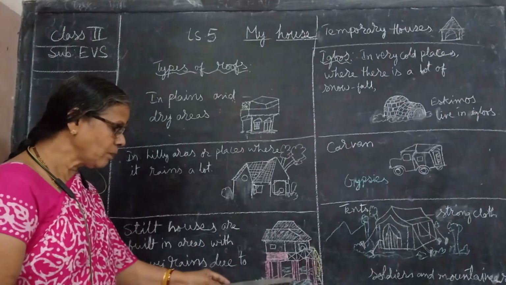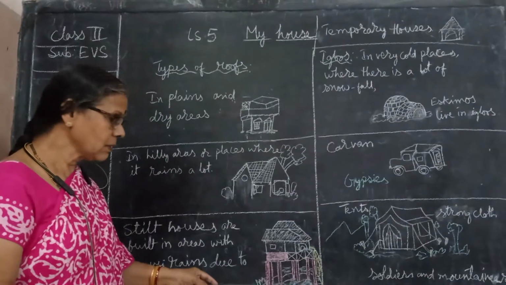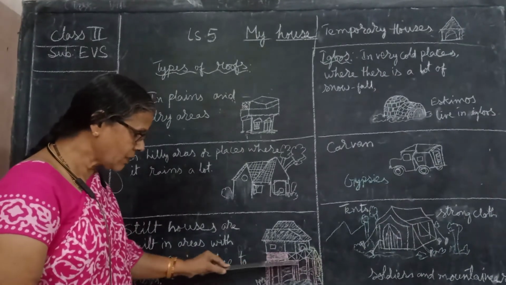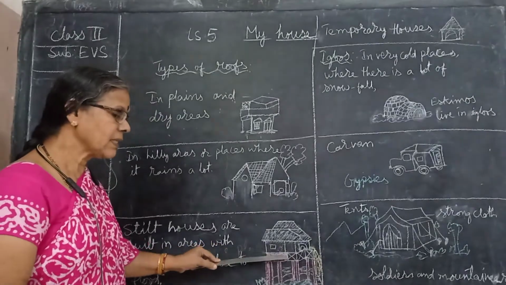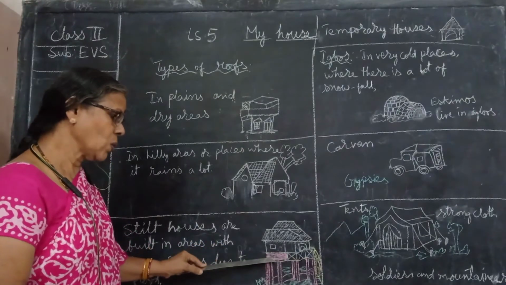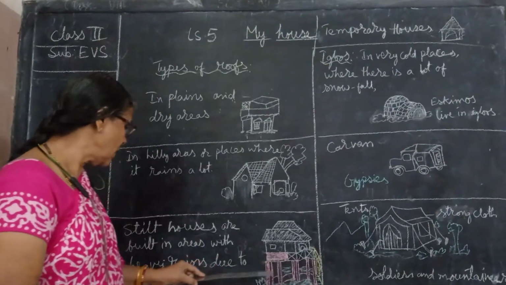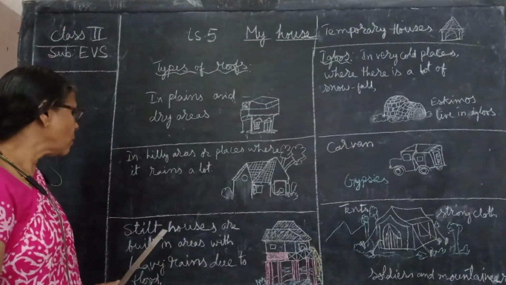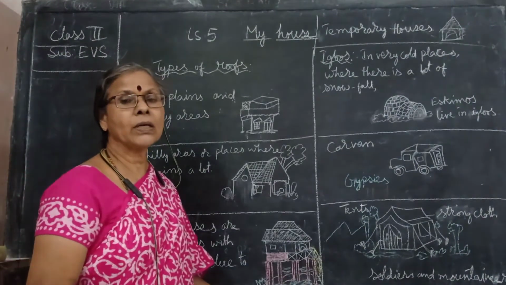So moreover, these are the bamboos. They will put a top roof on that, and over that they will build a house. It is made up of sticks and bamboos and all. It is connected. So both types of houses are called stilt houses. What are they called?